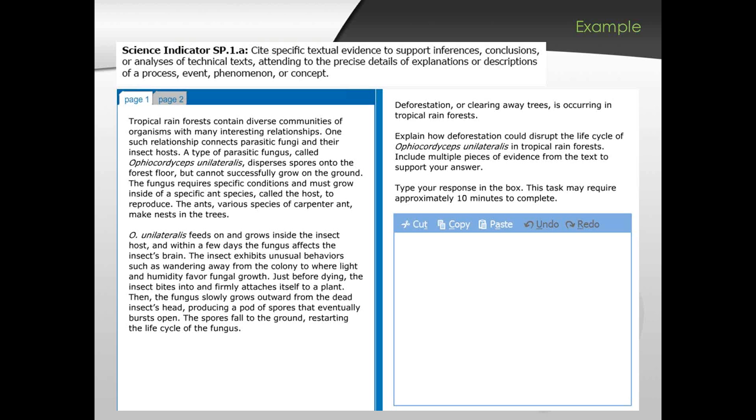What I would think of as a traditional short answer. But there again, if they don't explain how deforestation can disrupt the life cycle, and if they don't support their explanation with multiple pieces of evidence, they're just not going to get all 3 points. And that's another indicator of the problems that our students are having on this test.